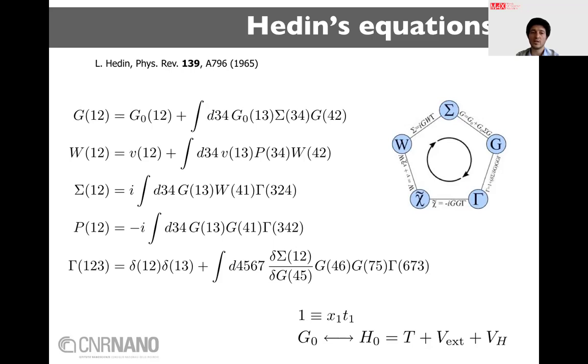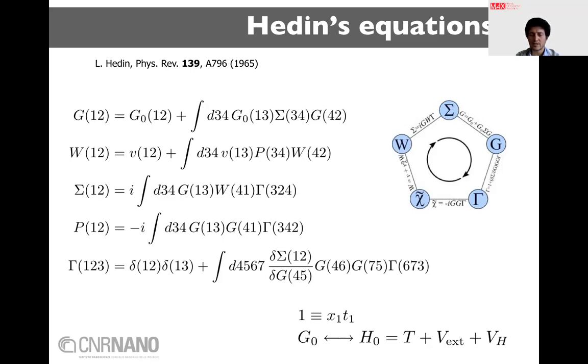W is another Dyson equation involving the polarizability. The polarizability is also written in terms of the Green's function and the vertex.